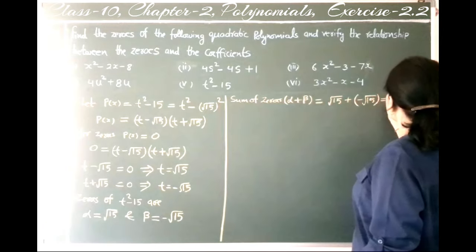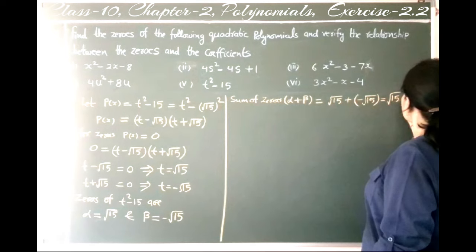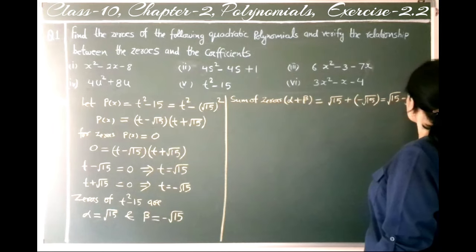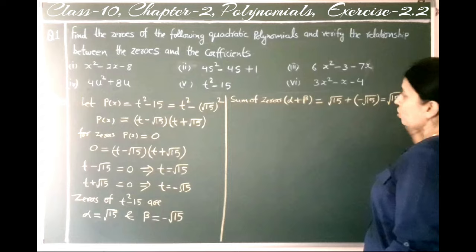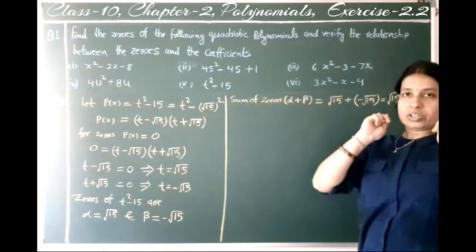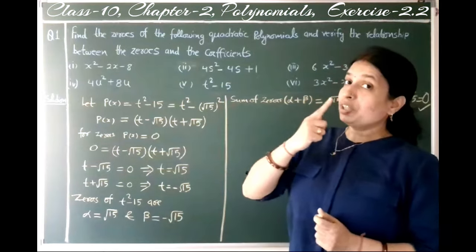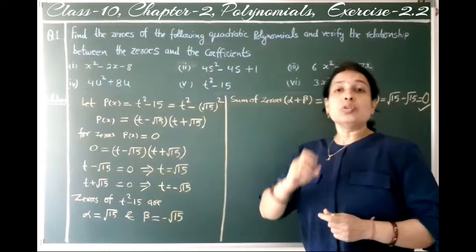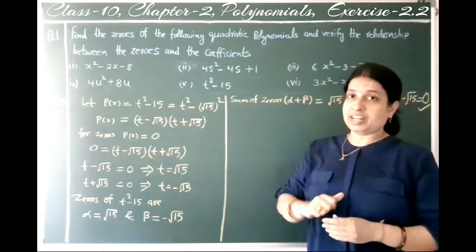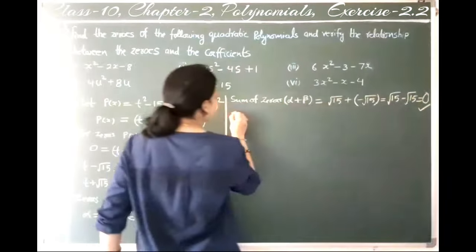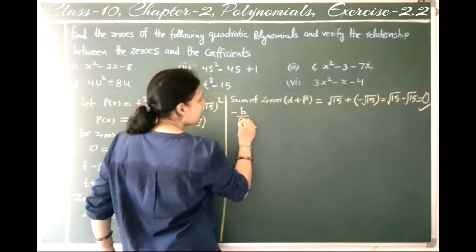So it will be root 15 minus root 15, so it will be 0. So alpha plus beta is equal to 0. And we know that sum of zeros is equal to minus b by a.